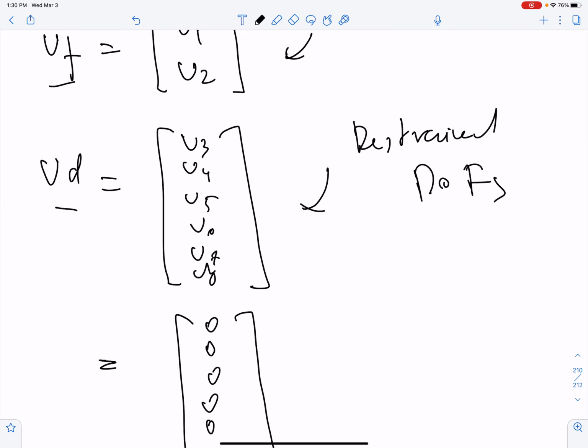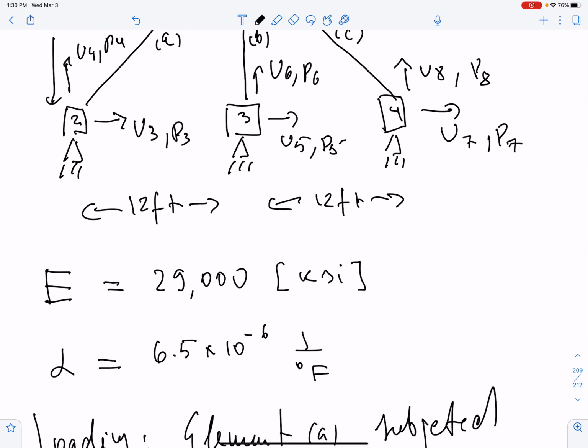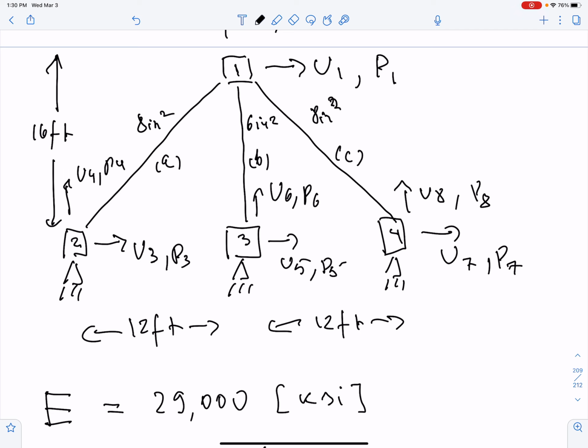Next we need to build KFF, the structure stiffness matrix, and then we go through elements 1, 2, and 3. Let's start with element A, or ABC. Next we're going to decide what the element orientation is, and I claim that going this way for each element is going to be the easiest.